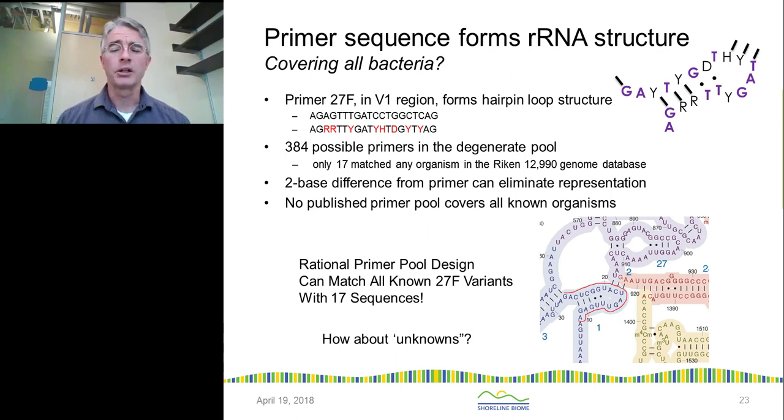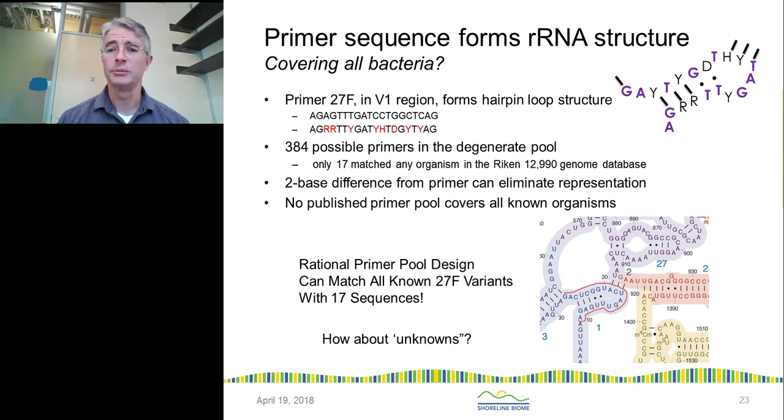So in the upper right-hand corner, there's that little hairpin loop that I've put together, and that is a representation of the primer 27 forward site, which is in the V1 region, and it forms this hairpin loop structure that you can see. Now, the purple bases are completely conserved. If you take a look at the SILVA database and you take a look at all the available 27F sequences, you'll see that these are invariant across all the organisms in that database.